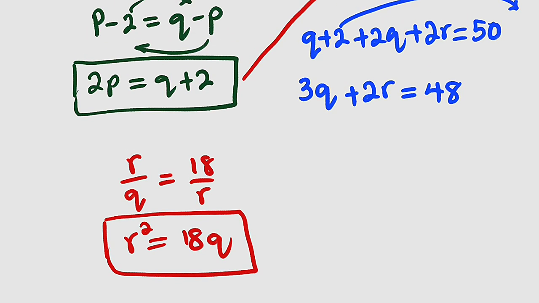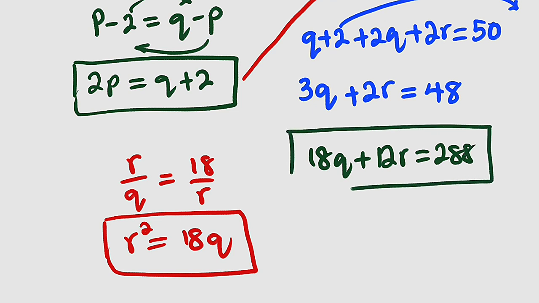But if you observe, we have 18Q here, but we have 3Q here. How can we transform this into 18Q? By multiplying by 6. So let us multiply every single term here by 6. If you do that, you obtain 6 times 3, 18Q, plus 6 times 2, 12R, equal to 6 times 48, which is 288.